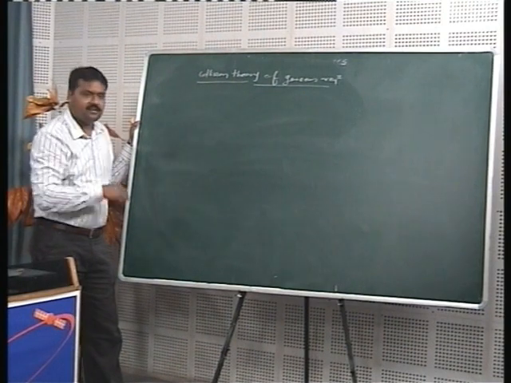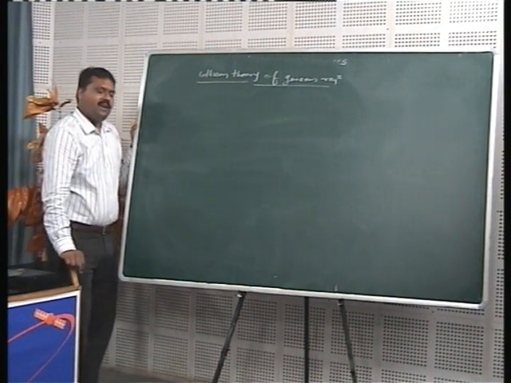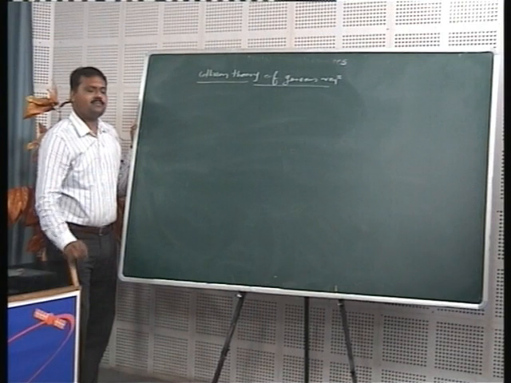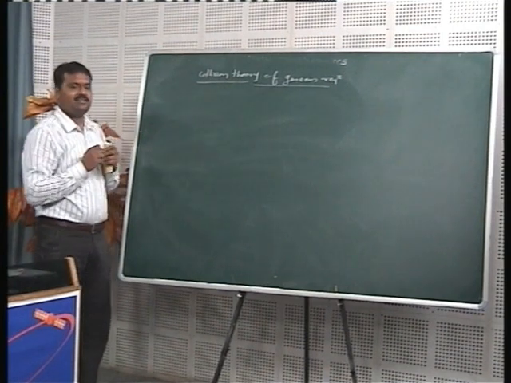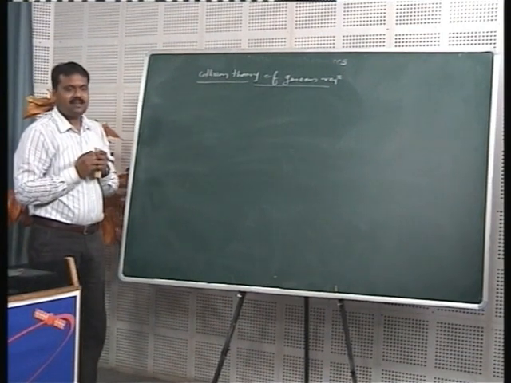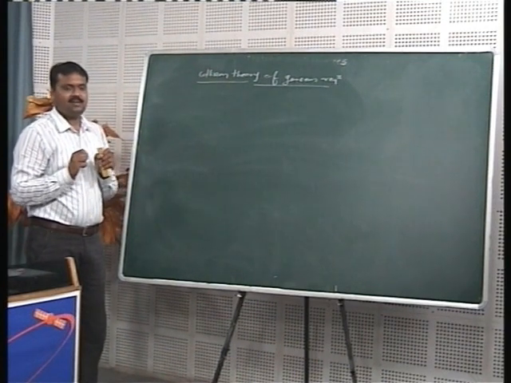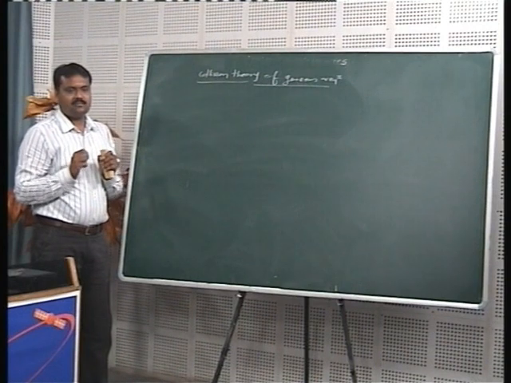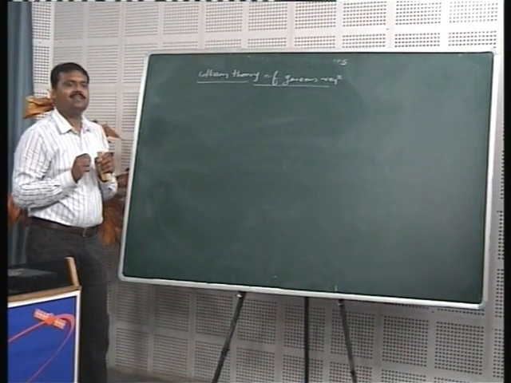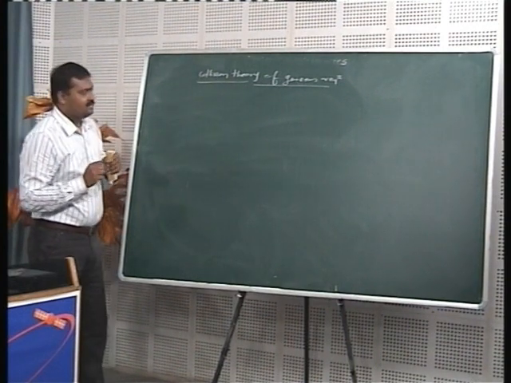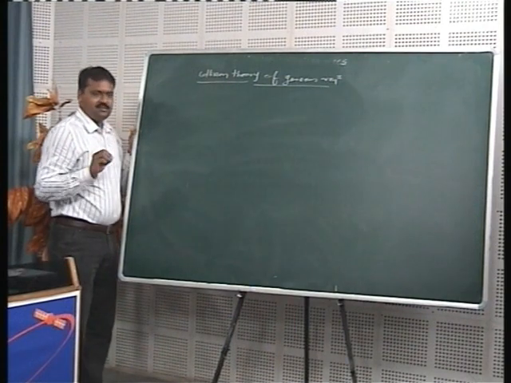According to collision theory, for any reaction to occur, there must be a collision between two reacting molecules. It means that the center of mass of each reactant molecule must come close within a certain critical distance, and let that distance be rho.